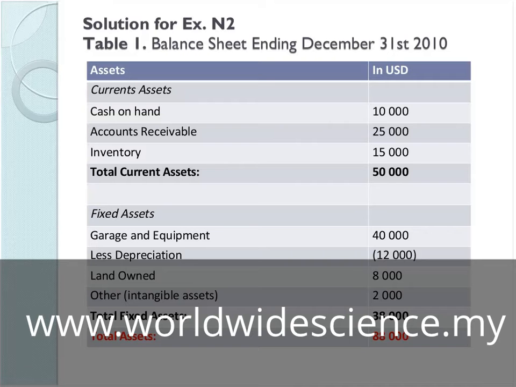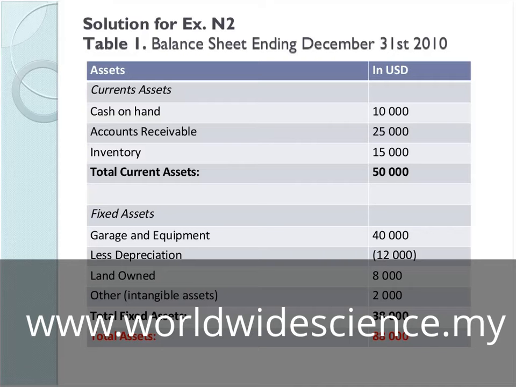You can't just deduct in your mind and put the already deducted figure. You must show every account in the balance sheet, because people must see it. For example, I'm a director. If I can see the garage and equipment only 28,000, how can I know how much is the historical cost and how much depreciation has been deducted?